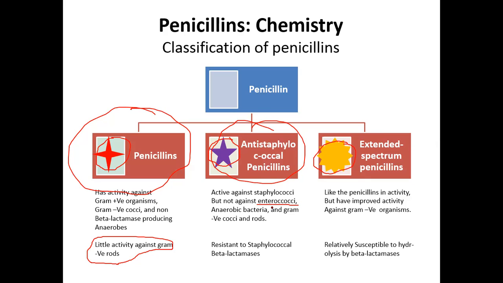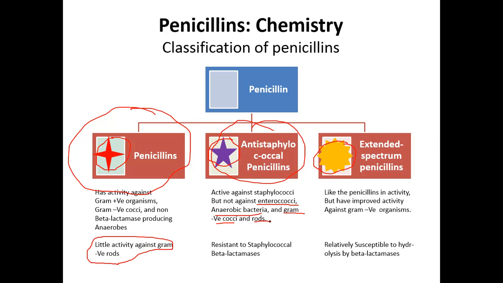Okay, these drugs do not work against anaerobic bacteria. They don't work against gram-negative cocci, and they don't work against gram-negative rods. No effect whatsoever. So they are limited in terms of spectrum. They are narrow spectrum. They can work against staphylococci and they can work against streptococci.